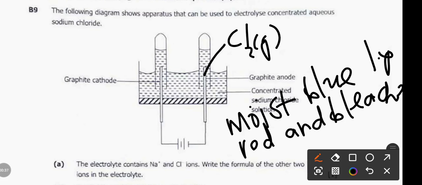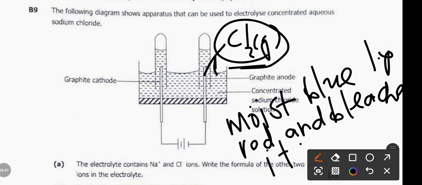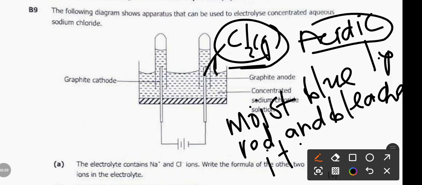So if the substance at the anode does this, then it's surely chlorine gas. And the reason it's able to turn moist blue litmus paper red is because chlorine gas is acidic in nature.